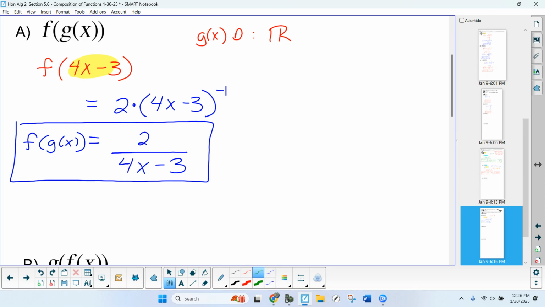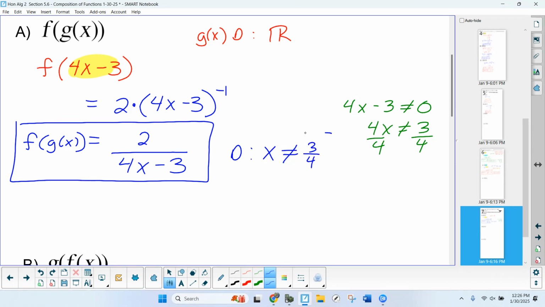What's not allowed to be 0? So 4x minus 3 is not allowed to be 0. So what are you going to do? Add 3. Divide by what? So what is x not allowed to be? X is not allowed to be 3/4. It was all real numbers except 3/4.